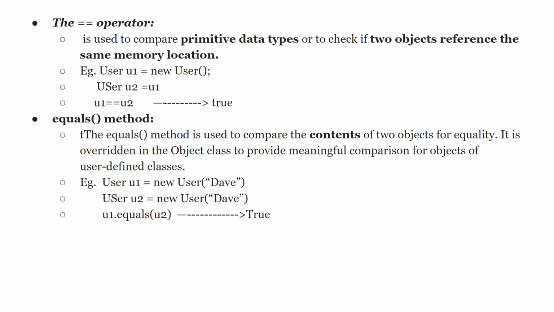The double equals operator is for comparing values of primitive data types, or the memory of two different objects. In the case of equals, it compares the content of two objects. Most of the time you use equals for objects, as it is part of the Object class. So this is a great example: with dev, u1.equals(u2) is true.